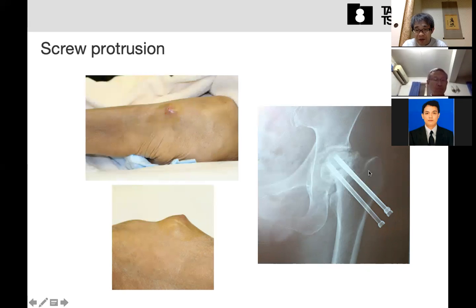But at the same time, if this shortening is too much, this screw end comes to the subcutaneous region like this. Sometimes it can penetrate the skin and cause pain and even infection around here. So this is also a problem of pinning, because this length is decided.